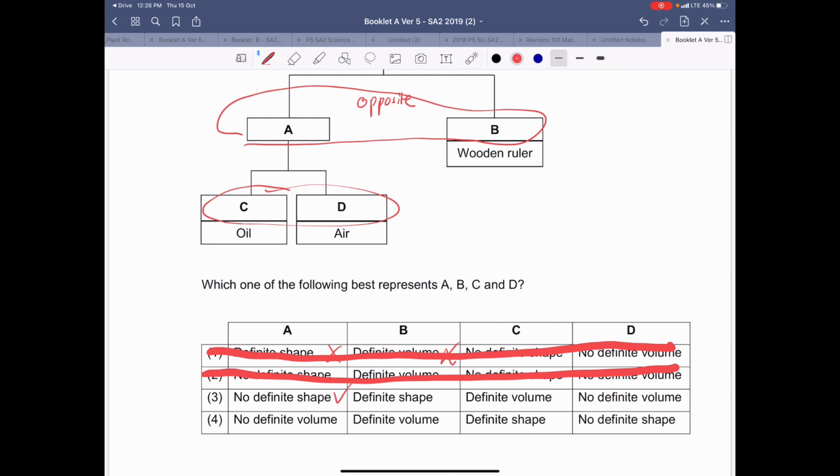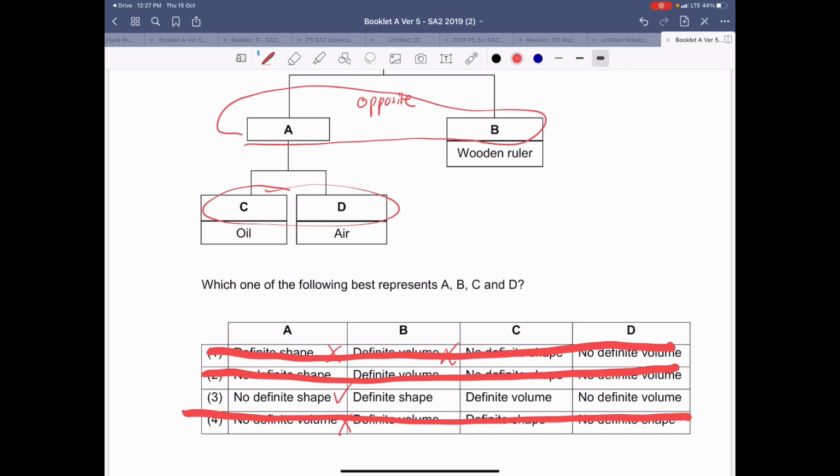Now, let's check option 4, column A. It says here that no definite volume. Now, oil and air, are they both not having a definite volume? That's not true, right? Oil, which is a liquid, has a definite volume. So therefore, it's wrong. You can rule this out.